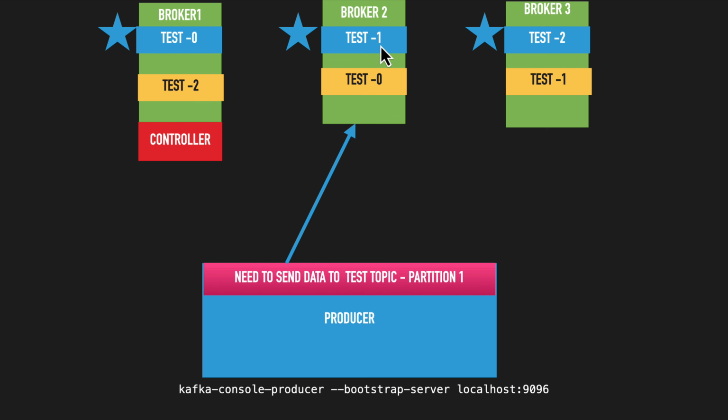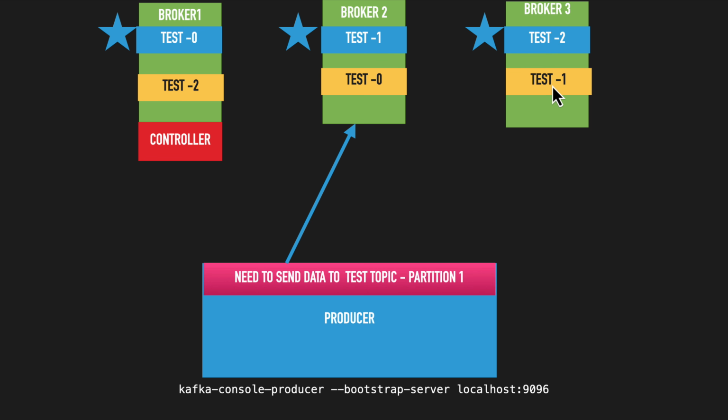And right now the work of the follower starts. For test 1, we also have a follower inside broker 3, which is the follower replica. The work of the follower replica is to try to be in sync with this particular partition. Whatever data we are committing over here, this one always wants to be in sync with the leader partition.